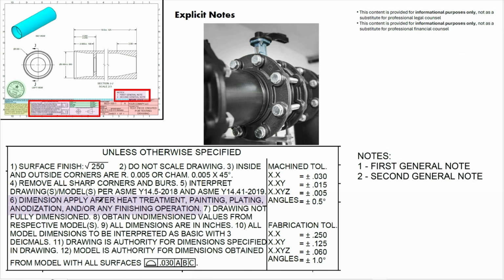Okay, you also want to tell the manufacturer explicitly that the dimensions that you're creating need to still be true after painting and coating. So maybe you don't have explicitly stated how many layers of coat of paint, how many layers of primer versus the final paint, what the thickness of anodization needs to be. And here you're telling them that no matter what the surface coating is, I still want these dimensions to be true so that things can fit together.